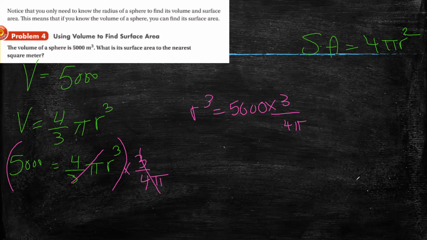The answer with me is 1,193. Did you multiply 5,000 by 3 over 4 pi? Yes.